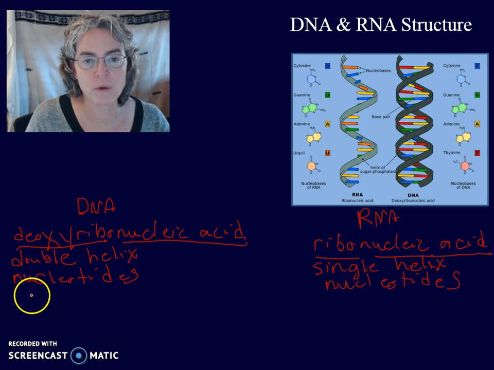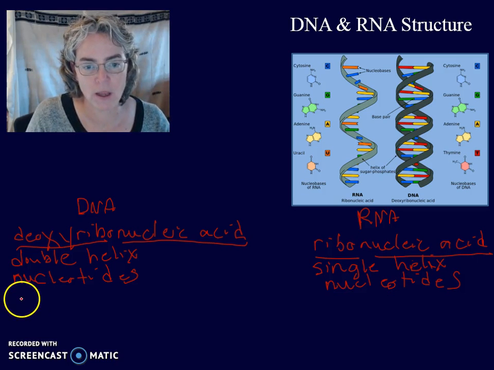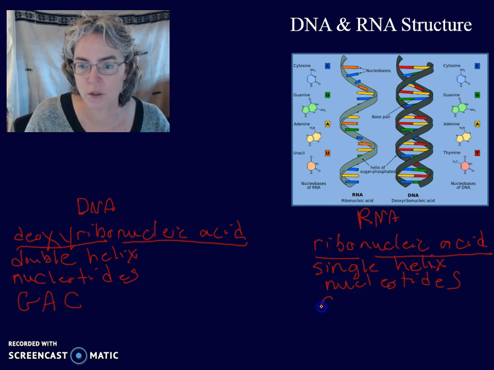They both use a phosphate group and a sugar as their backbone. Their nitrogenous bases, they both use guanine, adenine, and cytosine.